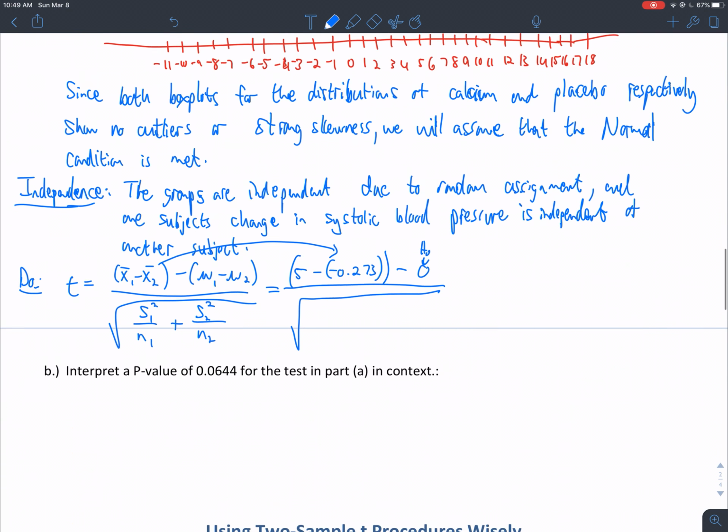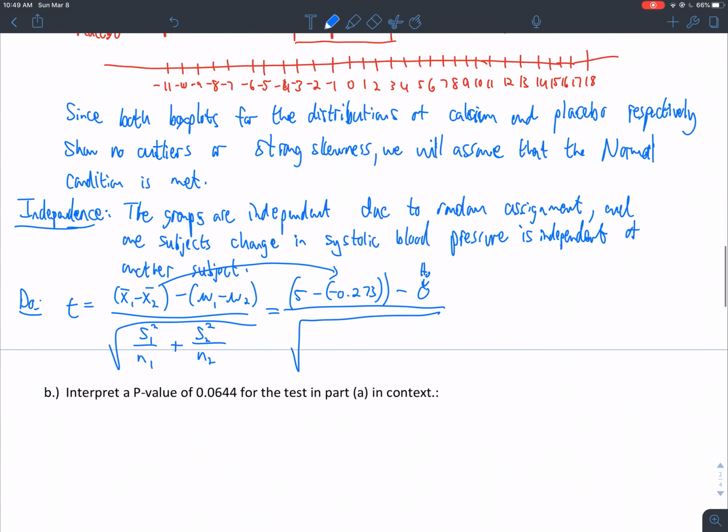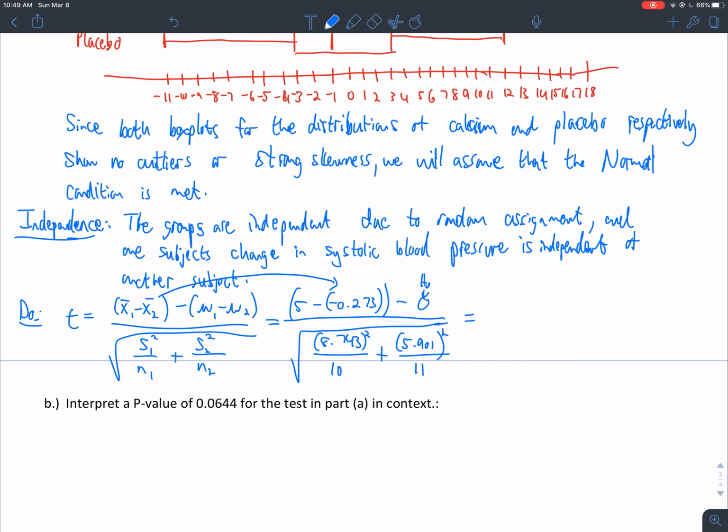So we plug that in and you get 8.743 squared over sample size 1, which is 10, plus the standard deviation of the second data set, 5.901 squared over 11. A lot of numbers there. I would not suggest entering that in your calculator like that.